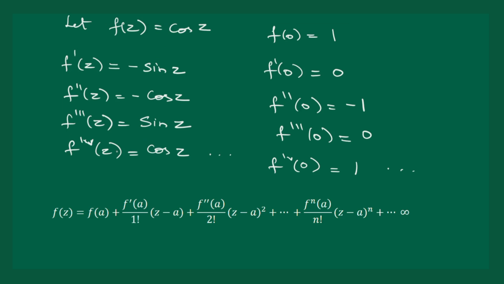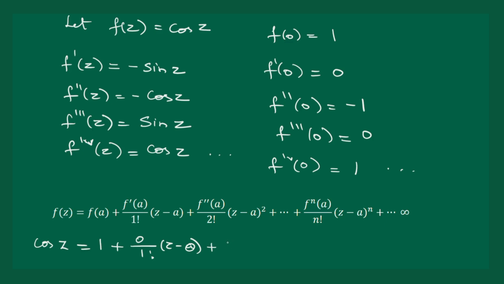Now if we notice, this is the formula to expand it as a Taylor series. So now here the given function is cos z, which is equal to f of a. A takes the value 0 here, so it becomes f of 0. So what is f of 0? f of 0 is equal to 1. So 1 plus, what is f dash of 0? f dash of 0 is 0 here. So 0 by 1 factorial into z minus a. Sorry, not z minus a, it should be z minus 0.